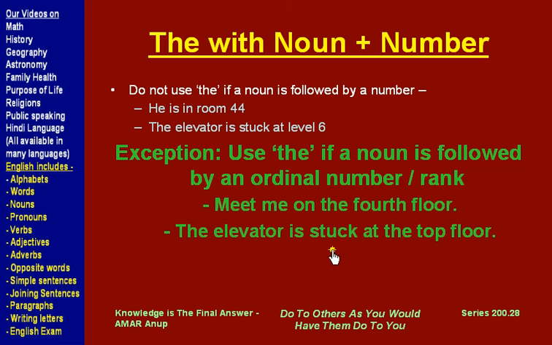The elevator is stuck at the top floor. Now we know there is only one top floor, so we use "the." Or it could have been, the elevator is stuck at the 6th floor. So when the number is converted to an ordinal number, then we use "the," otherwise not.